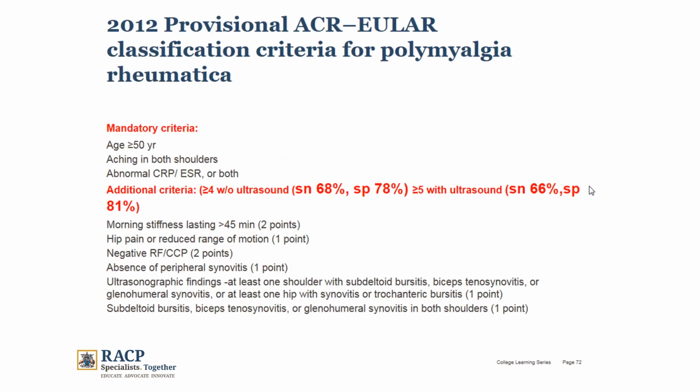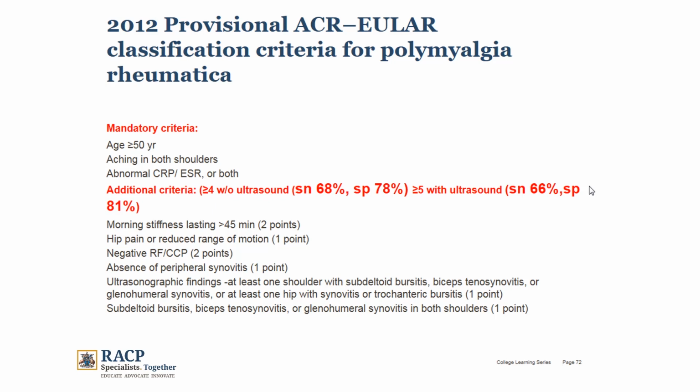We'll switch gears to polymyalgia rheumatica. Polymyalgia rheumatica overlaps with giant cell arteritis, and many patients with giant cell arteritis can have symptoms of polymyalgia rheumatica, and it's more common the other way around. Some patients with polymyalgia rheumatica can develop giant cell arteritis.